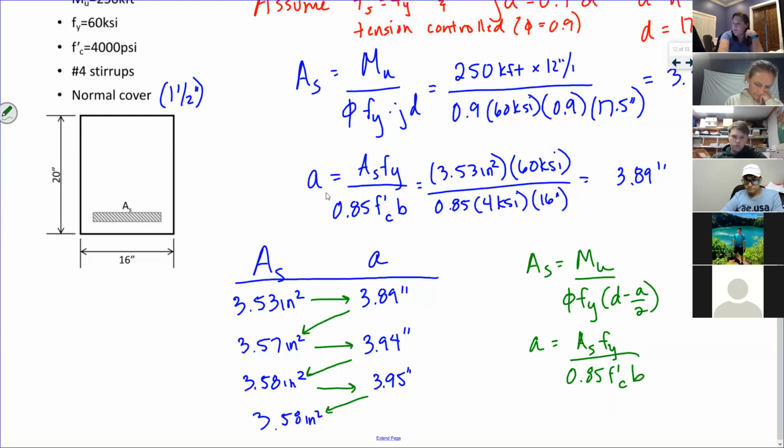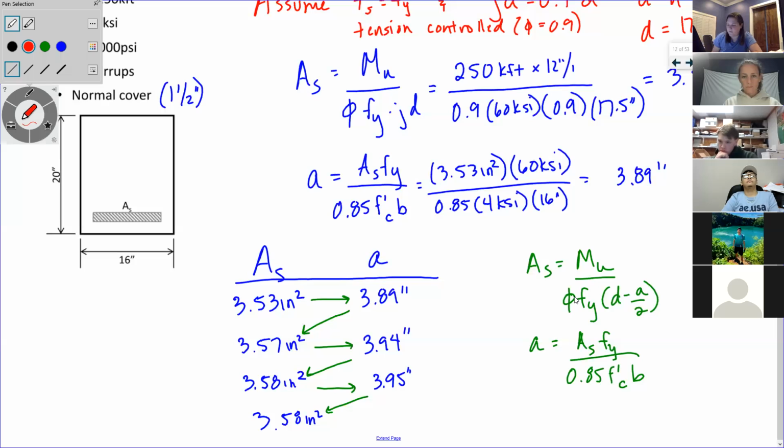Now I can use this equation where I have d minus a over 2 instead of the jd. And you just keep using these over and over until you converge. As and a don't have to match, they just have to stop changing.